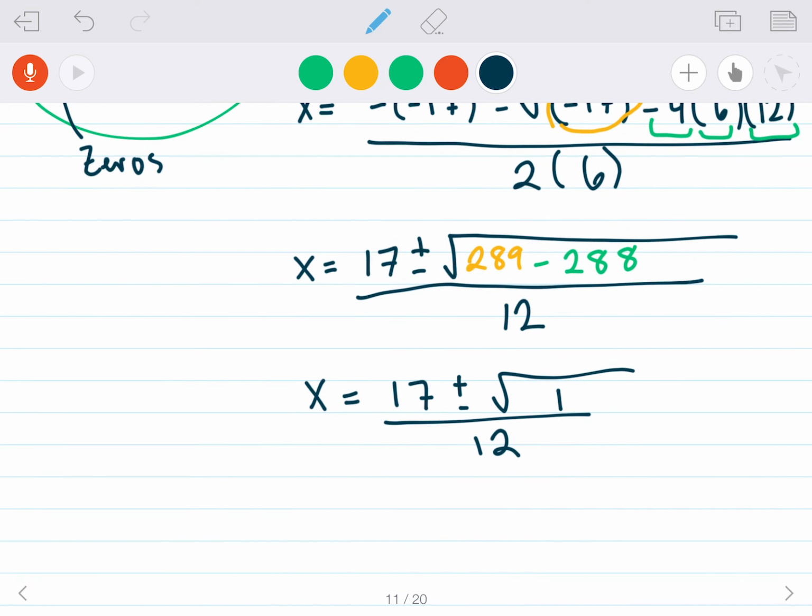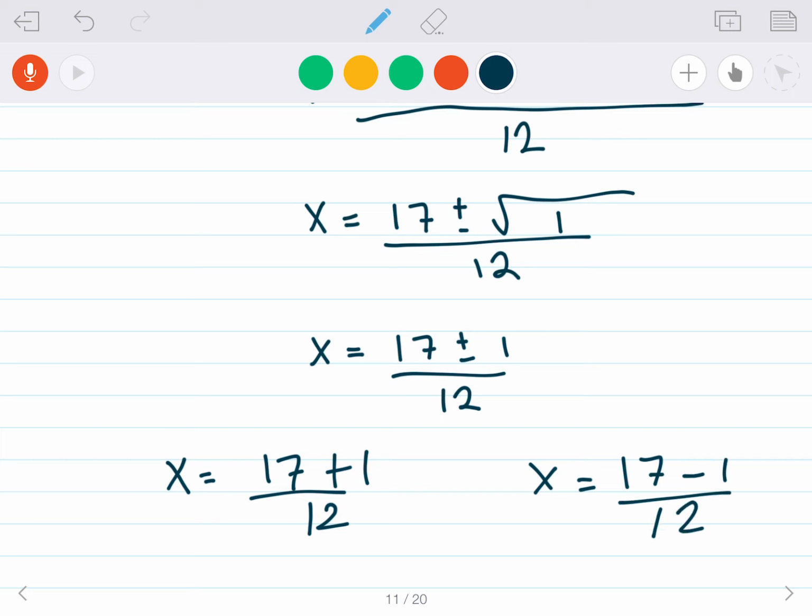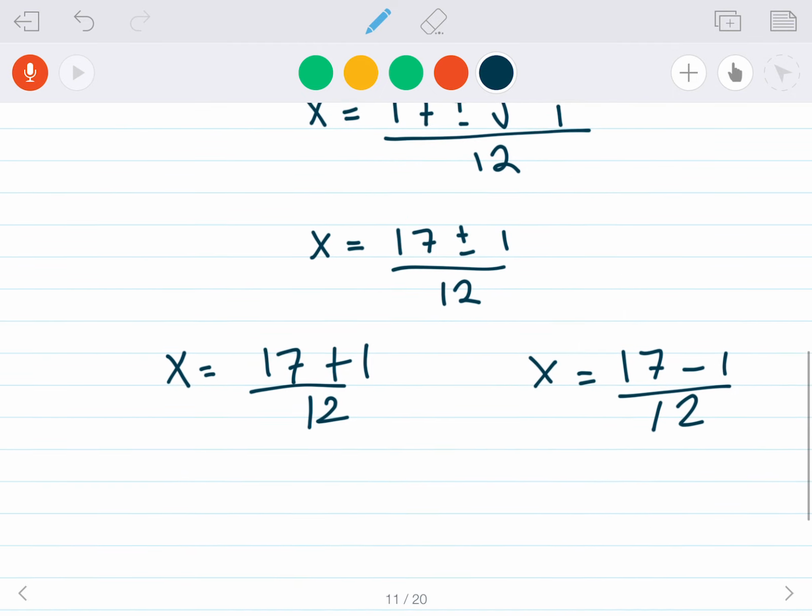So we get x is equal to 17 plus or minus 1 over 12. So two answers here. The first answer is 17 plus 1 over 12, right? That's the top there. The second answer is 17 minus 1 over 12. Okay, two answers, 2 zeros here.